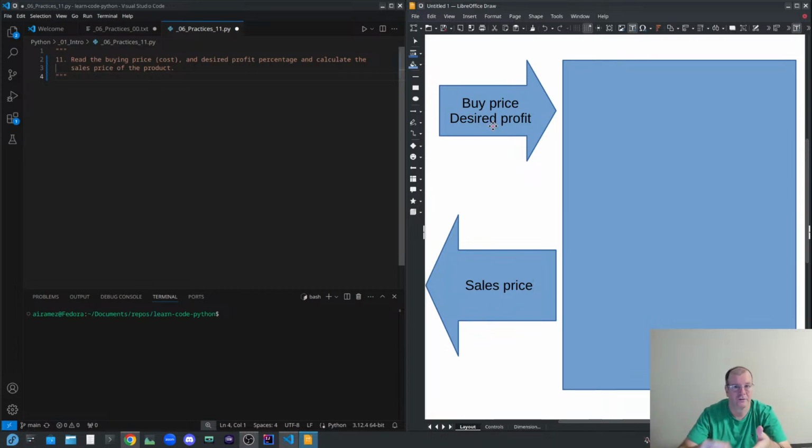Profit is like this. If you spend X to buy something and you sell it, your profit will be how much you sell it for minus how much you spend. And usually this is given as a percentage.